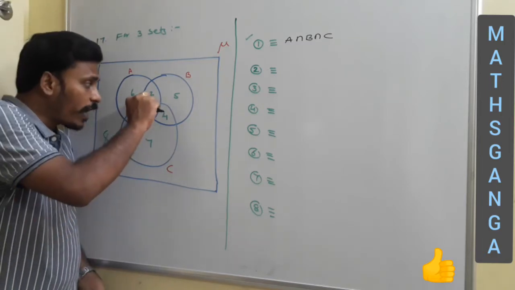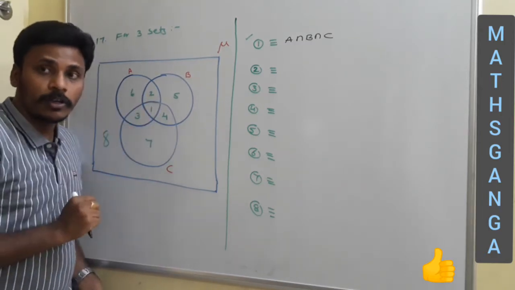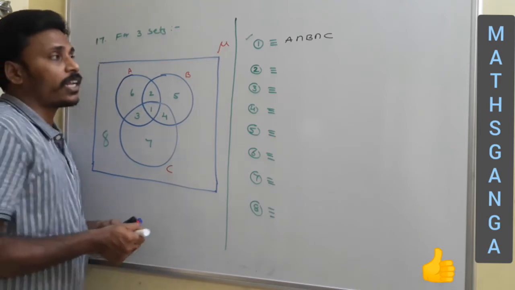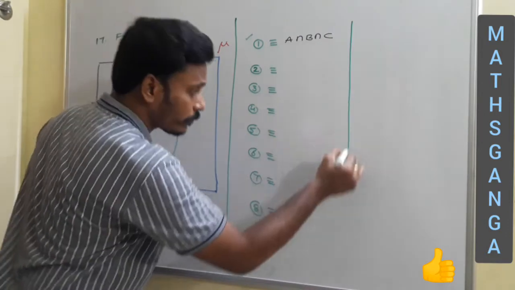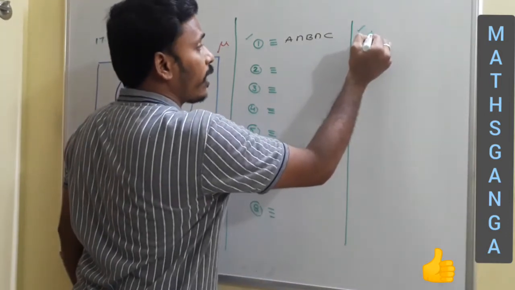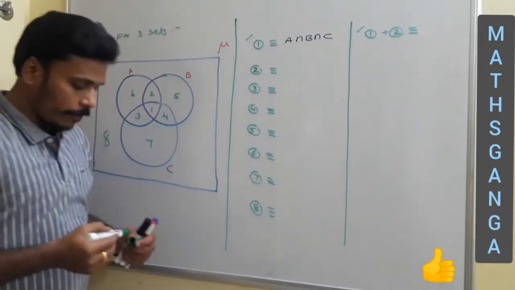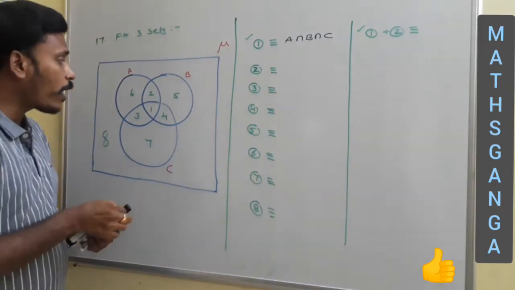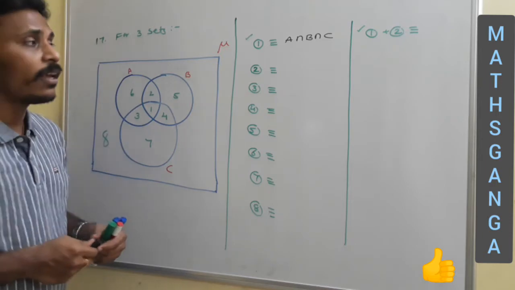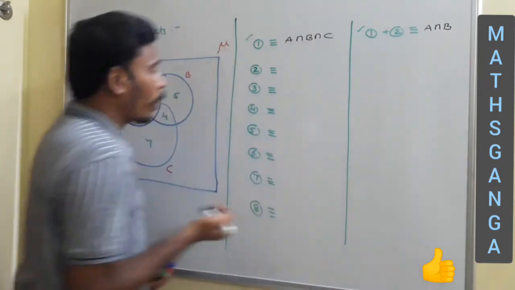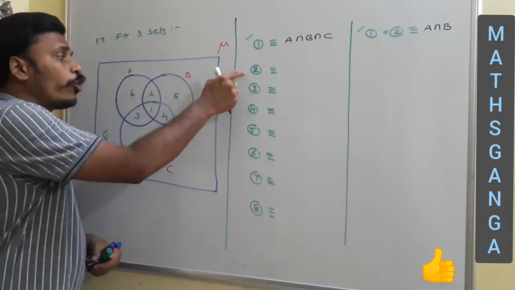If you take regions 1 and 2 together, they will represent A intersection B. But I am thinking about only region 2.